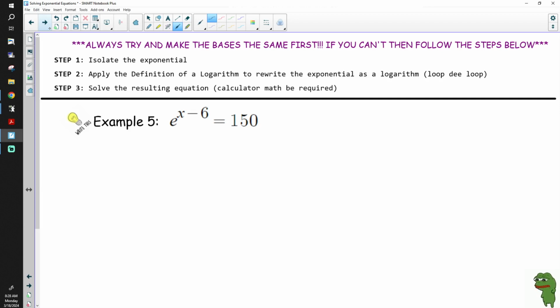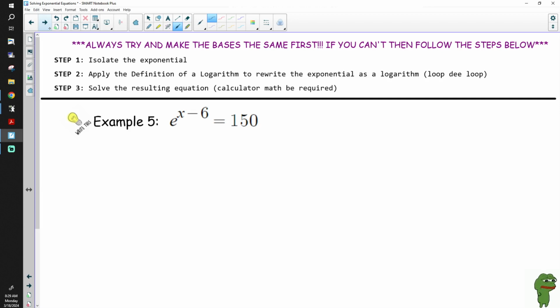Please let me know, because I have no idea how to write E and 150 as the same base. Do you? Last week, we would have made like, 25 can be 5 to the second. Same base, cancel them out, good. Here, E and 150, I have no idea. I don't even know if you can write 150 as a base E or E as a base of 150.